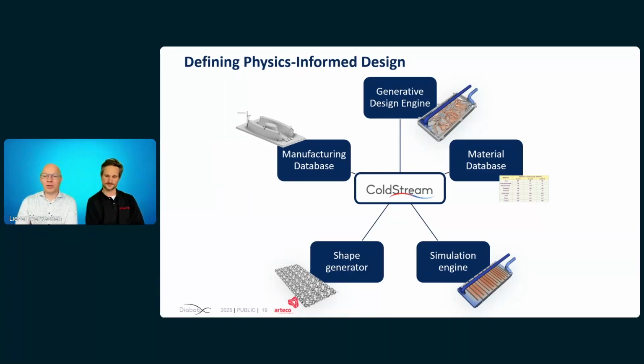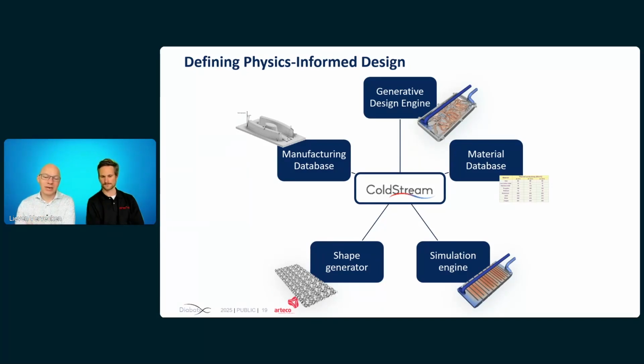What we have done within Coldstream is couple this simulation engine with the shape generator, which can generate anything from pins and fins all the way to gyroids and other TPMS structures, or complete freeform shapes. The control of this shape generator is done through the generative design engine. I'm not going to go too much into depth on how that functions exactly. We have different webinars for that, and other resources you will find on our website.